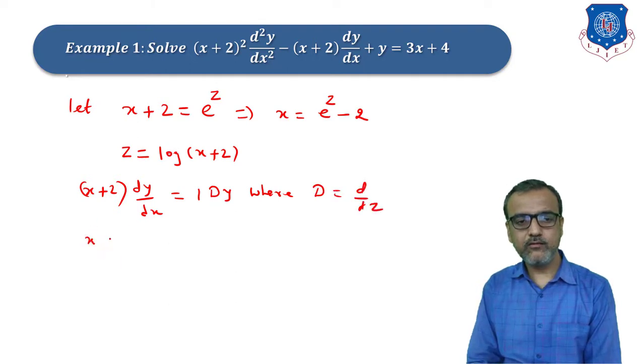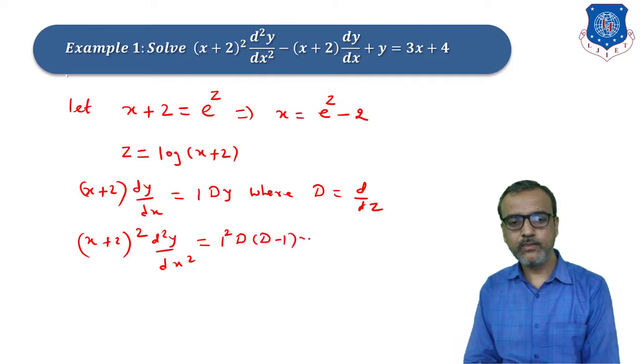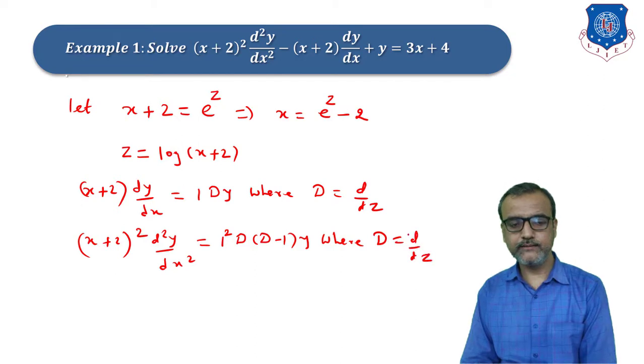Similarly we will replace (x + 2)^2 d^2y/dx^2 by 1^2 D(D - 1)y, where D = d/dz.